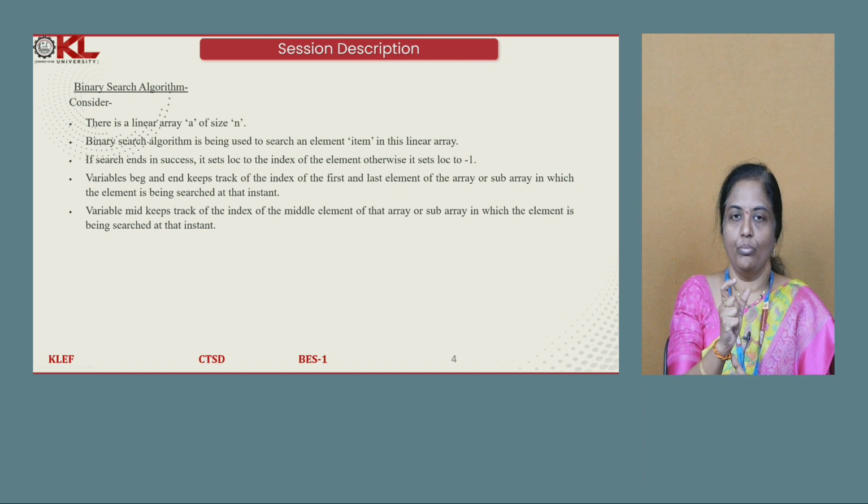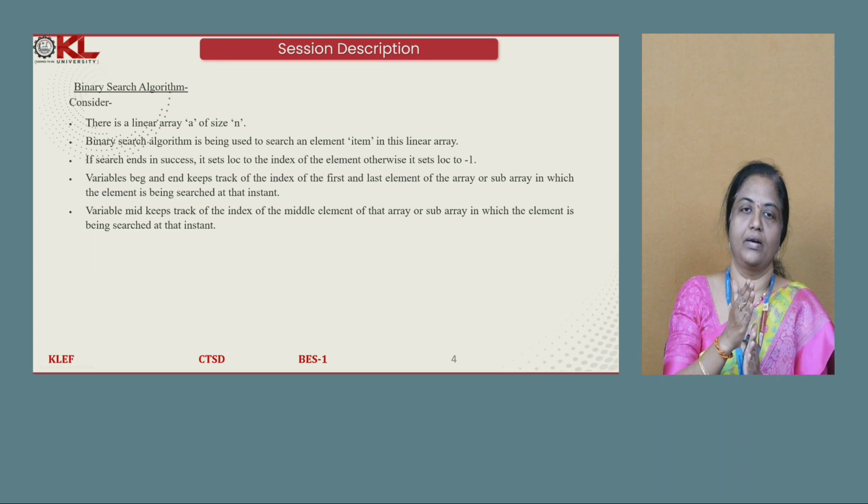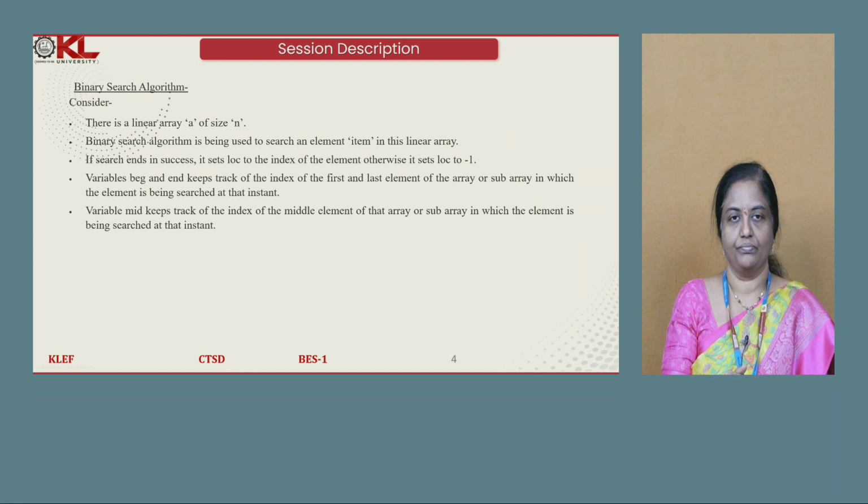If the element to be found is less than the middle value, ignore the rest of the values for further comparisons. That is, every time you are trying to eliminate half of your input for searching.